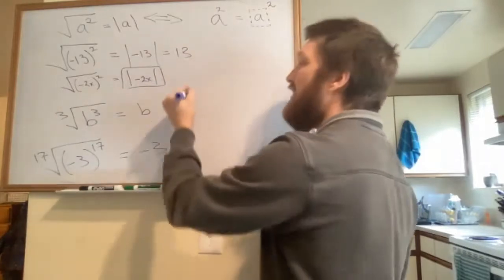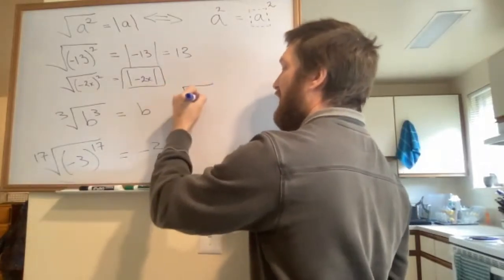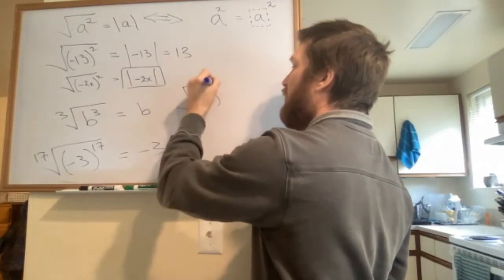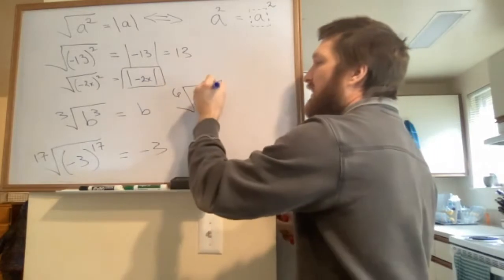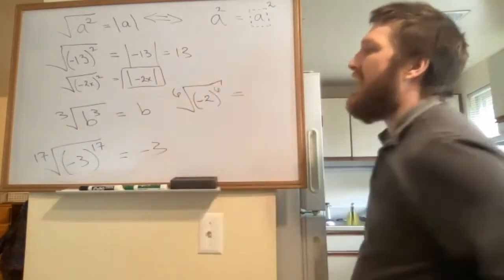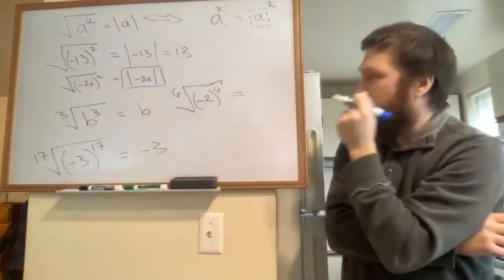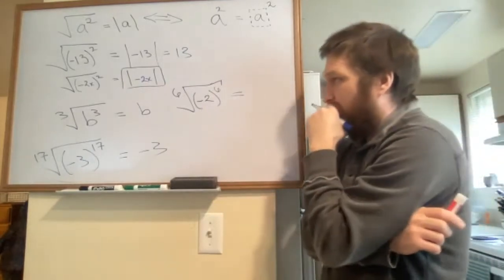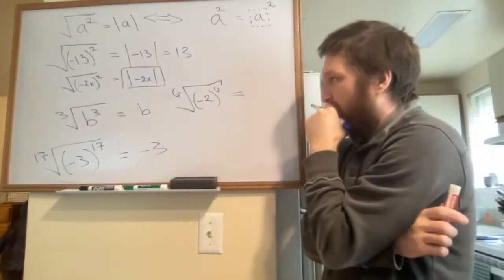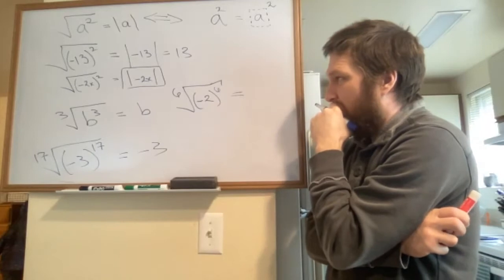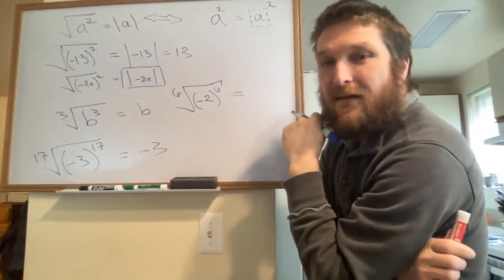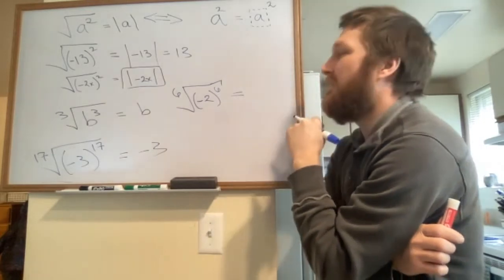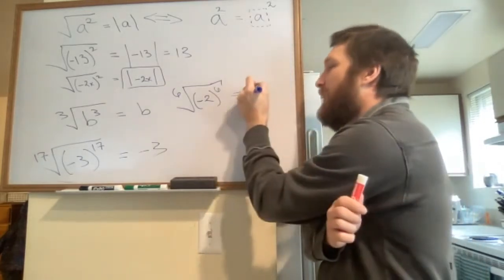But with an even number root, let's try this. Let's take the 6th root of -2 to the 6th. What is that equal to? It would be 2, the positive value.